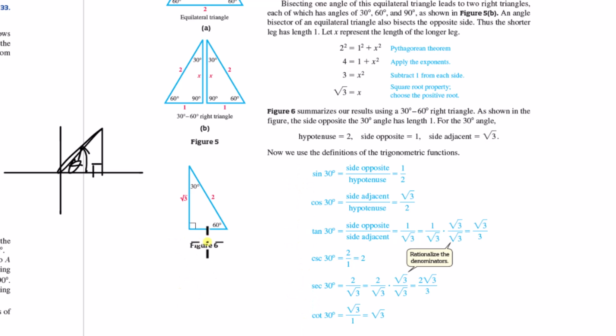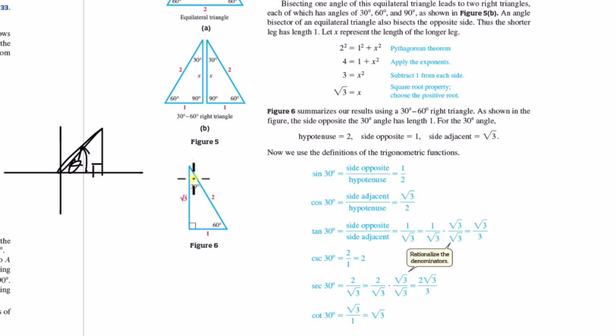But the idea is, for any 30, 60, 90 triangle, you can think about these as the standard starting values for the side lengths, when you think about it from the perspective of proportions. So in other words, the long leg is going to be whatever 2 divided by root 3 is, that's a number.